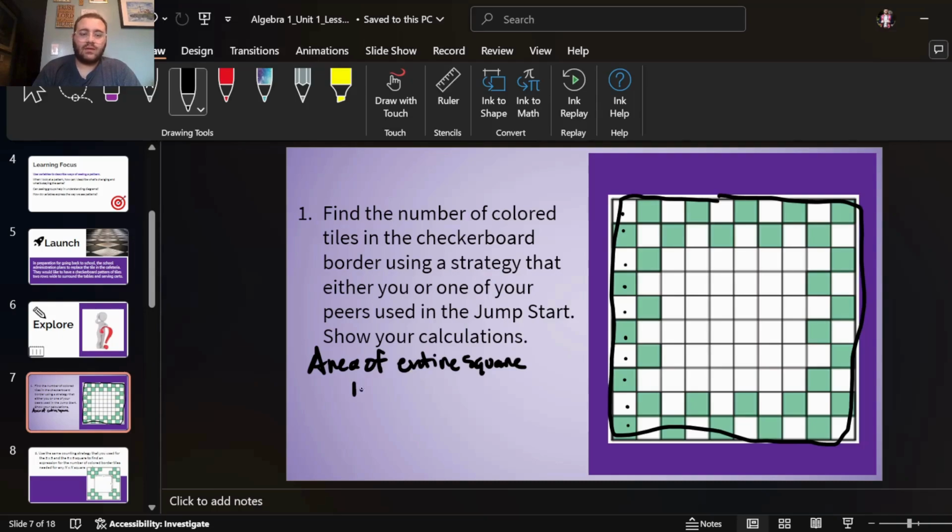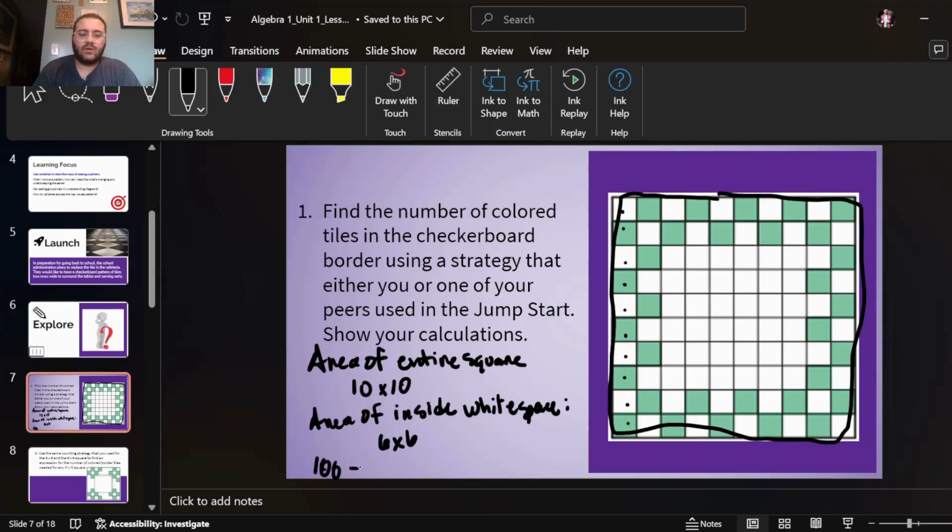So we have a 10 by 10 big square, and then find the area of the inside white space. That's a 6 by 6. And of course, to find the green squares, we need to do that 10 by 10, which is 100, take away 36. So that leaves us with 64 total squares.